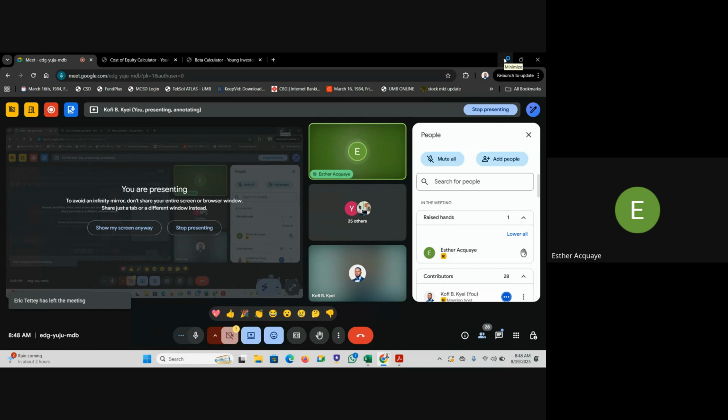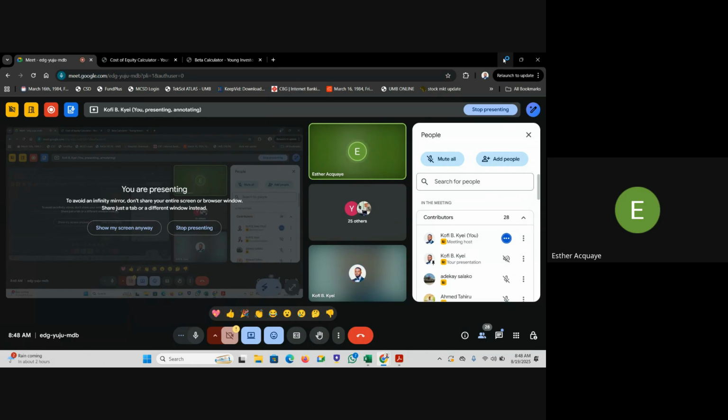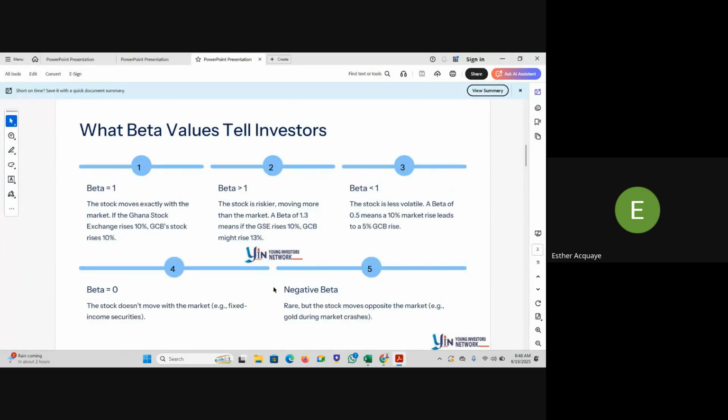Yeah, so please, can a stock have a very low beta yet be risky? A very low beta. How do you define a low beta? So we are saying that these are the dynamics. A stock moves exactly with the market if the beta is equal to 1. If the beta is greater than 1, the stock is riskier, moving more than the market.